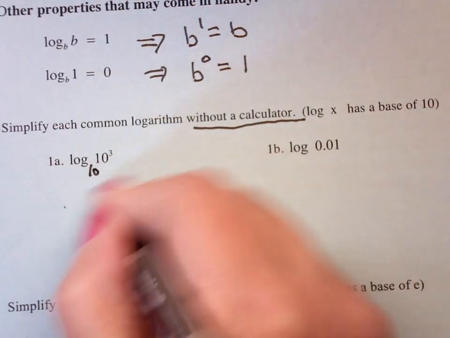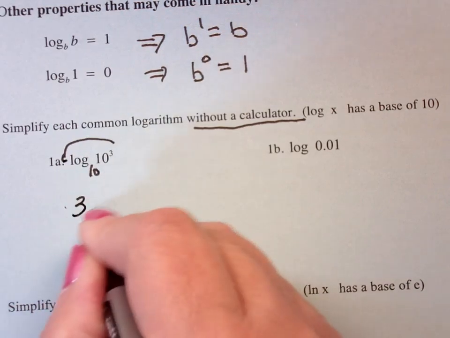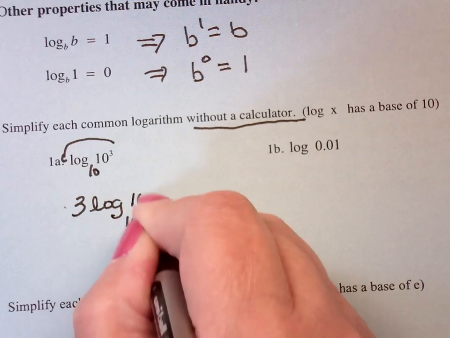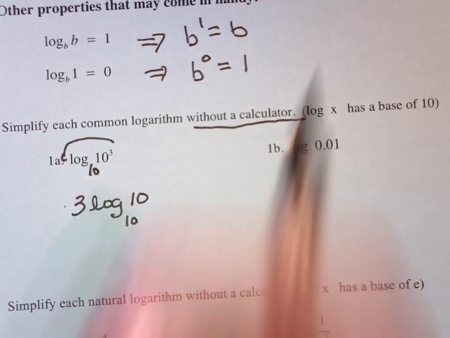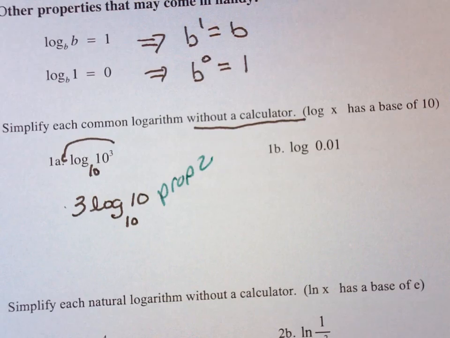Using the properties of logarithms, I can bring the 3 down in front. So this is 3 log base 10 of 10. And this is property 2.